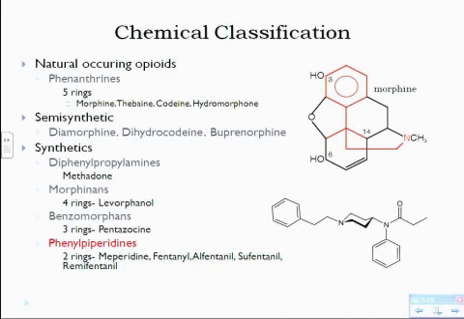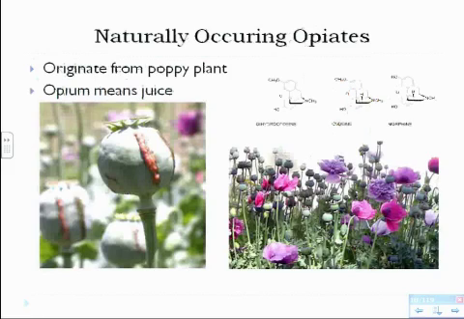This is in red again. All these drugs, the original synthetic drug that was made was meperidine, and all the newer agents like fentanyl, sufentanil, alfentanil, remifentanil are byproducts, or are cousins of meperidine. They're all phenylpiperidines.